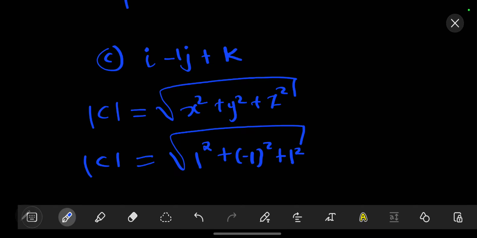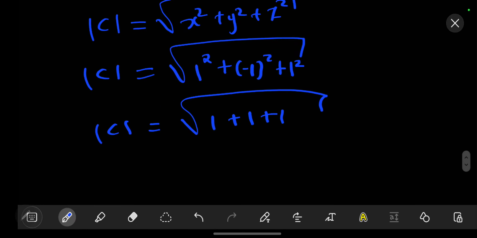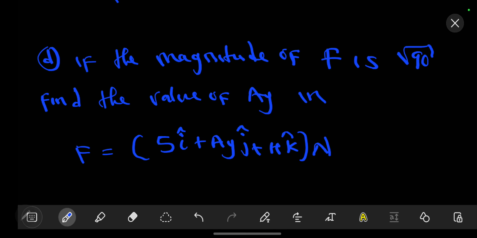So C should be equal to the square root of 1 squared is 1, plus negative 1 squared is 1, plus 1. So the magnitude of C should be equal to the square root of 3. So we have the square root of 3, like that. That's our answer for that one.